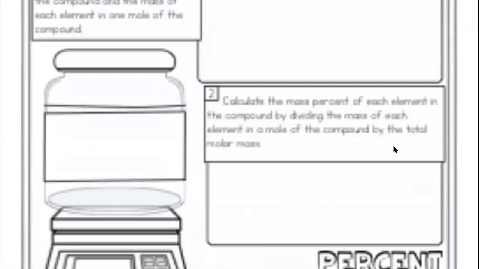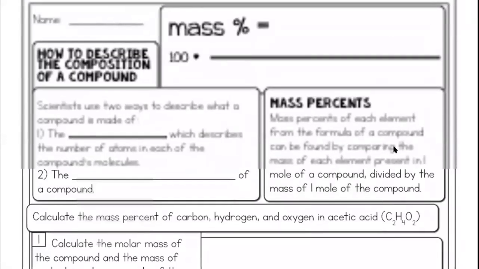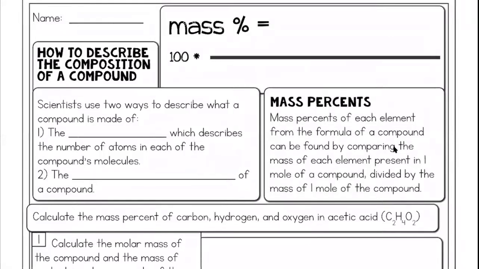There we go. And so to calculate percent composition, we always use masses. So you'll be looking up atomic masses or molar masses to use from the periodic table. And it's an equation where you always do the total mass of your element. That goes up in the numerator.